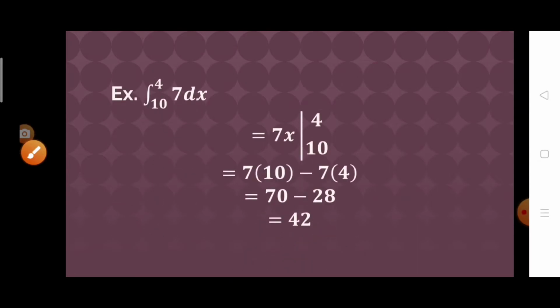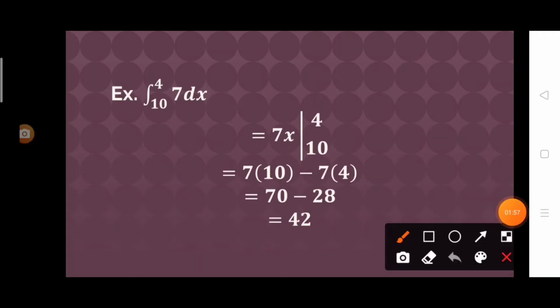We have our second example. What is the antiderivative of 7 dx evaluated from 10 to 4? We know that the integral of a constant is just the constant times x.